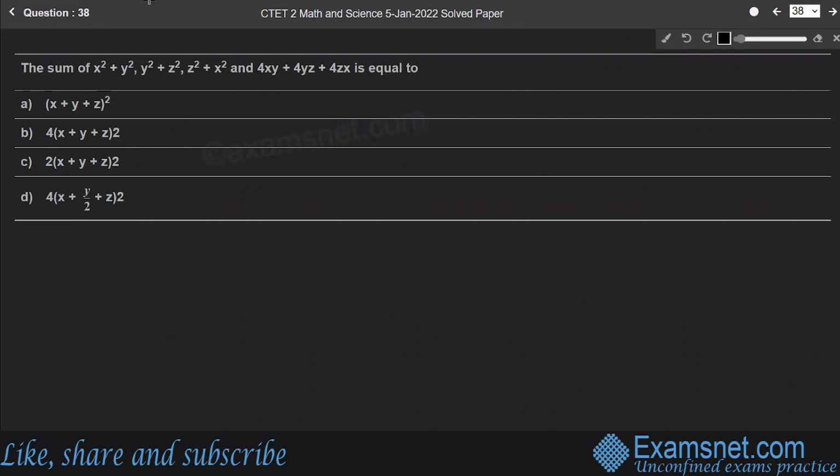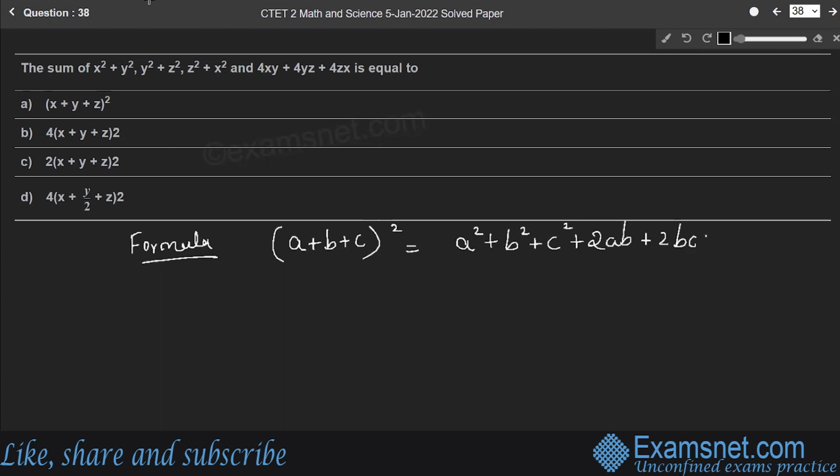Question number 38. The sum of x square plus y square plus z square plus x square, and 4xy plus 4yz plus 4zx is equal to. Here we are using the formula a plus b plus c whole square is equal to a square plus b square plus c square plus 2ab plus 2bc plus 2ac.